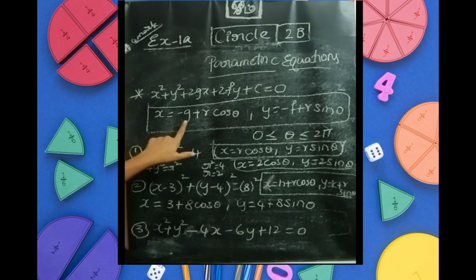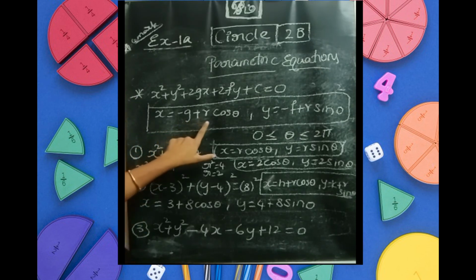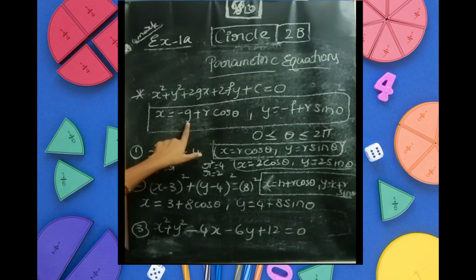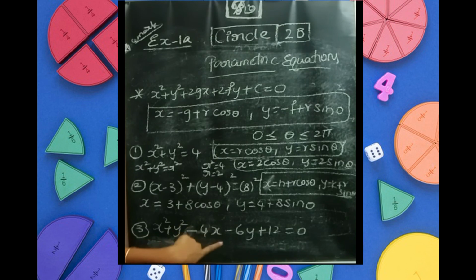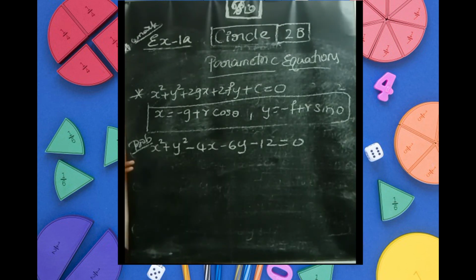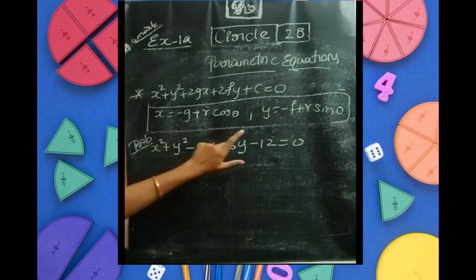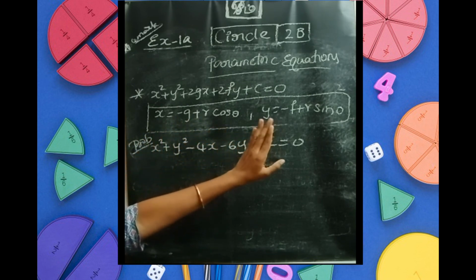Next, this is in the form of a circle equation, that means the general form. First we have to find g and f, and find r by using the formula. In this question we have to find the parametric equation. So what's the parametric equation of the general form? x equals minus g plus r cos theta, y equals minus f plus r sin theta.